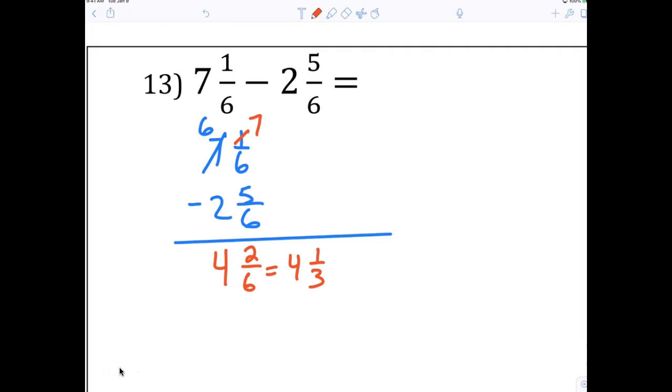What, William? I got, listen, William, what I did is I had 7 minus 2 was 5. Then 1 minus 5 is negative 4. What am I supposed to do with that, William?